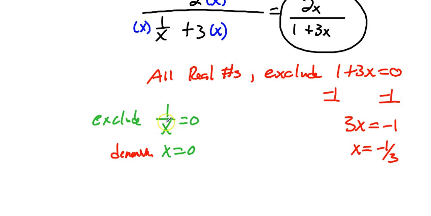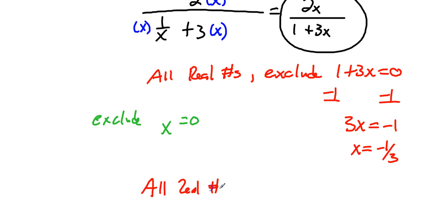All you have to worry about is just your denominator, and you've got to exclude that part of the denominator equal to 0. Right. So yeah, and I should have. Let me just take that 1 out there. There we go. Let me do it that way. So you're going to exclude two different numbers when it comes down to this one. So if they were asking you, this would be all real numbers. You cannot have x equal to 0, and you also cannot have it so it's negative 1/3.